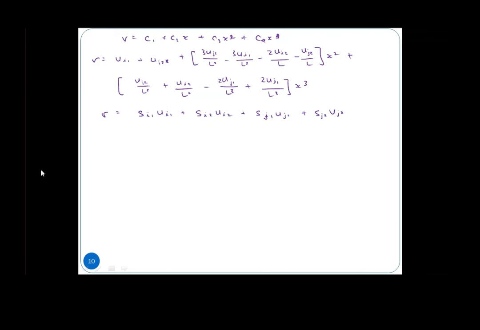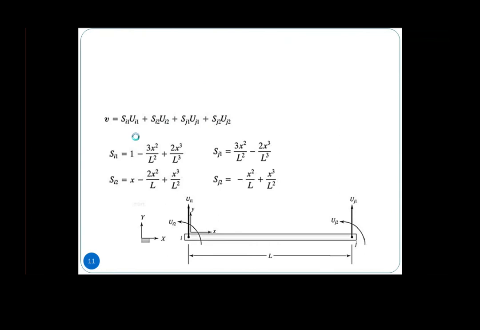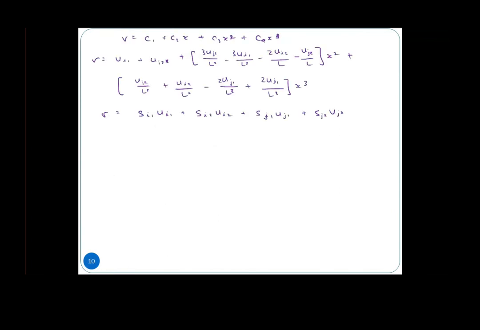So if you rearrange everything in terms of shape functions, right? From the top, we rearrange in terms of ui1, ui2, uj1, uj2 from what we have here. So then we will have this, right? From the equations that we have.